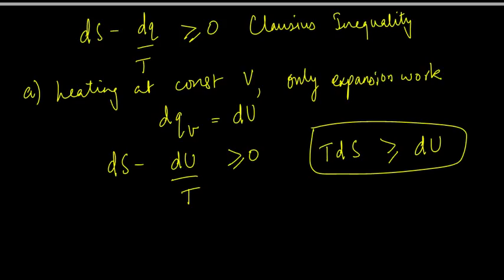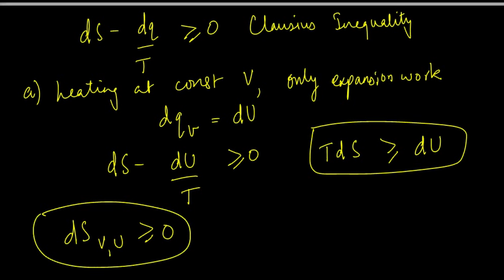Now I am already holding one of the variables, volume, constant. Now dU was equal to TdS plus PdV minus PdV. I am holding volume constant. If I hold U constant, temperature is always a positive number, so dS at constant volume and constant internal energy is always greater than or equal to 0.